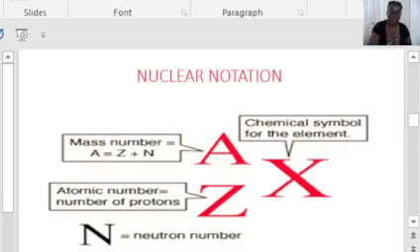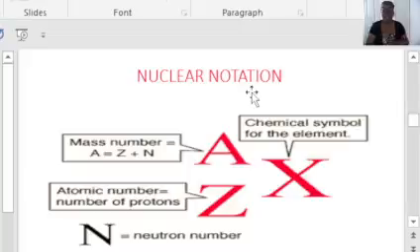All right, so next, we want to also quickly look at the nuclear annotation before we finish this part 1. If we were paying attention to the previous slide, which identified the elements by letters, we will see that that was a representation of the chemical symbol for each element.